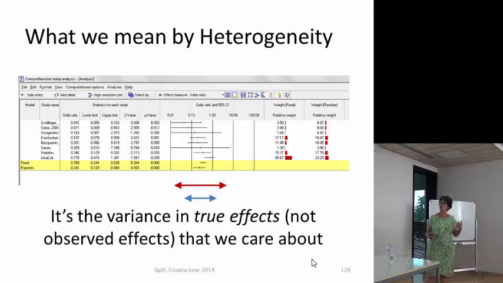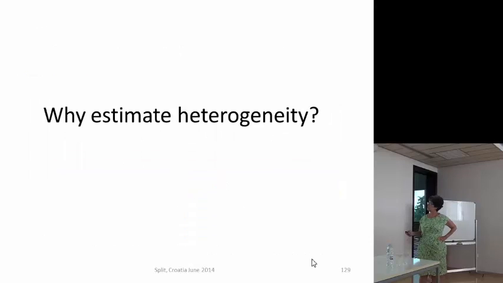So based on the samples in our meta-analysis, we can compute how much they should vary from each other just based on the fact that they're from different size samples. Okay? Once we have that amount, we just subtract it from the total amount of observed variance that we actually see in our studies. Okay?